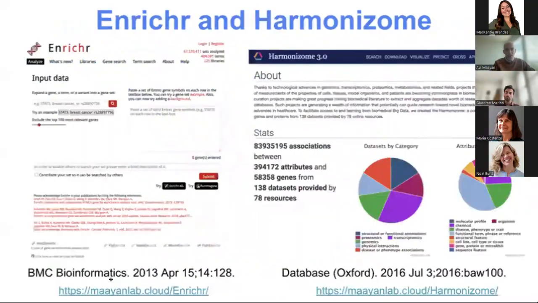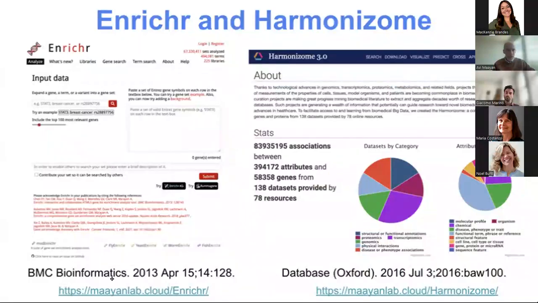This was a really successful effort. Two of the bioinformatics tools that came out of this are Enrichr and Harmonizome. So far, we have processed data from over 100 different resources. Enrichr currently has almost 500,000 annotated gene sets, and you can see here that there are now 72 million submissions to the system.